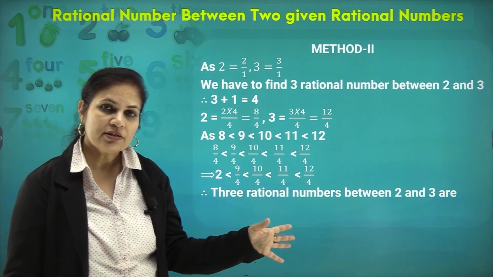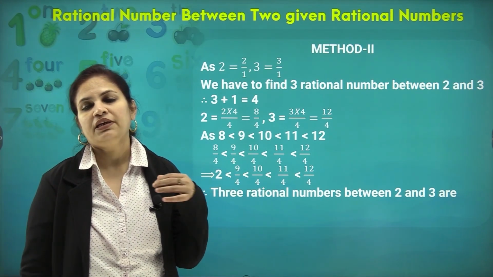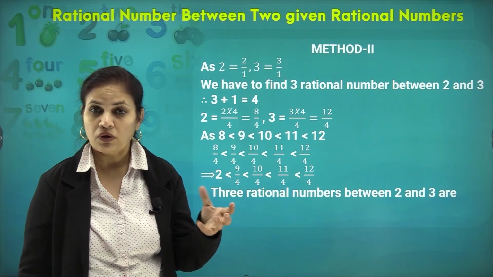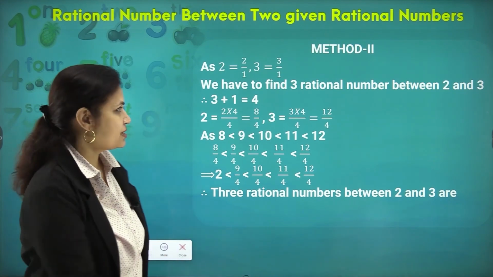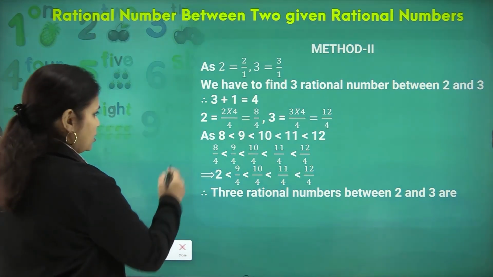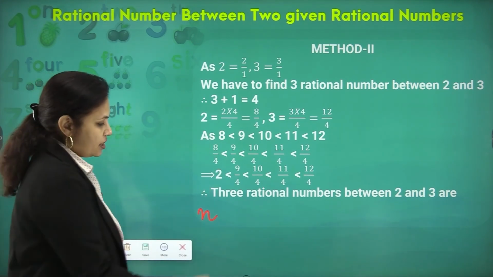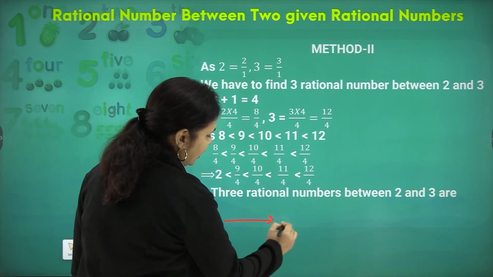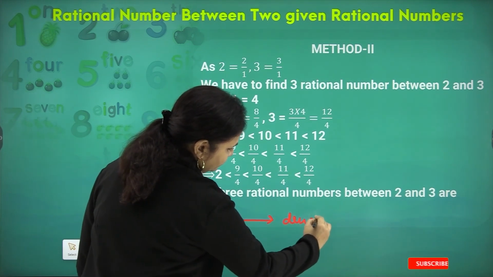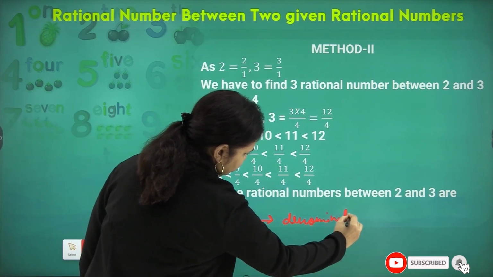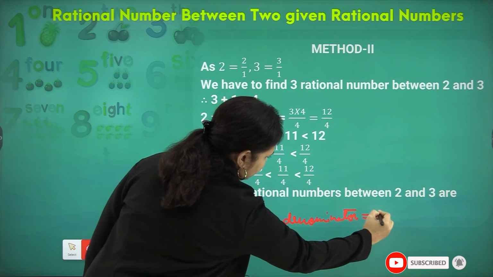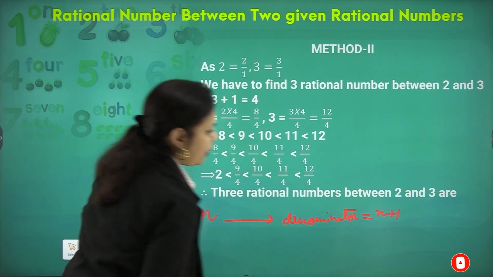Had 4 rational numbers been required, we should have made the denominator 5 and so on. So, if we were supposed to insert n rational numbers, then the denominator would have been n plus 1.